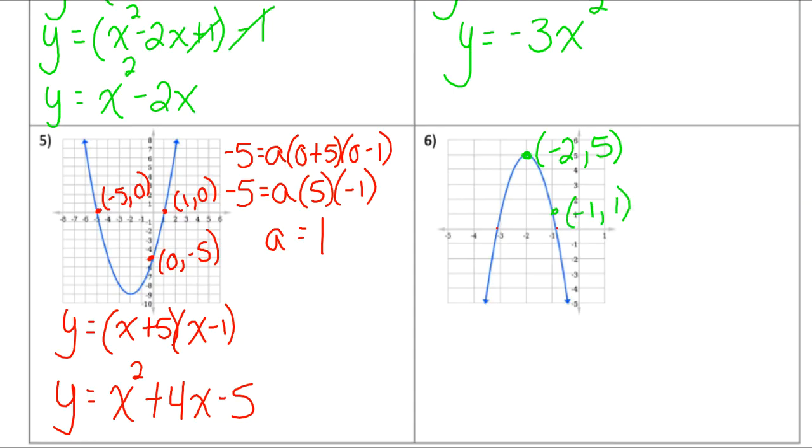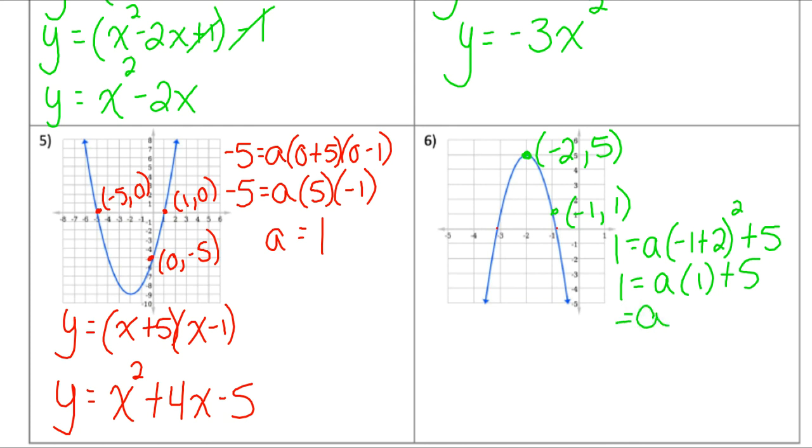So I'm going to use that other point in my vertex form. So when I plug those in, I would get y equals the a value times x minus h squared plus k. So simplifying that, we would get a times 1 plus 5. And so when I solve that, I get that the a value is -4.